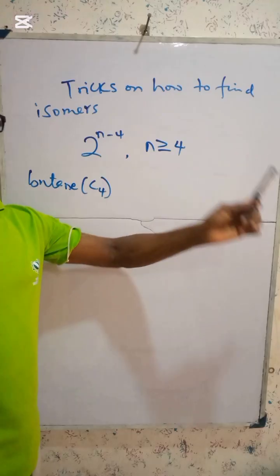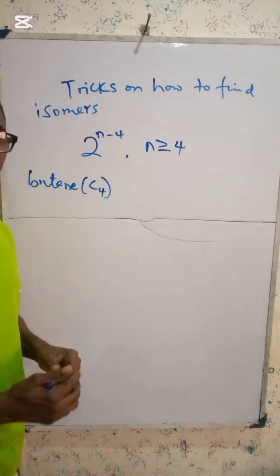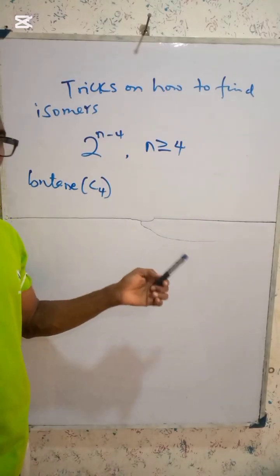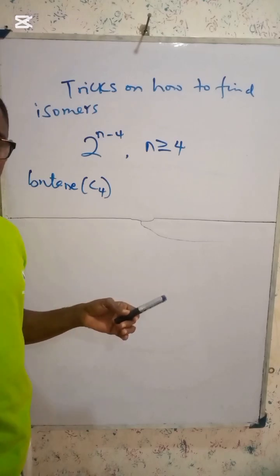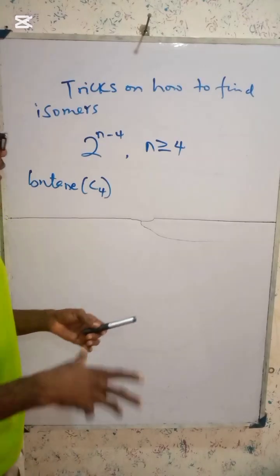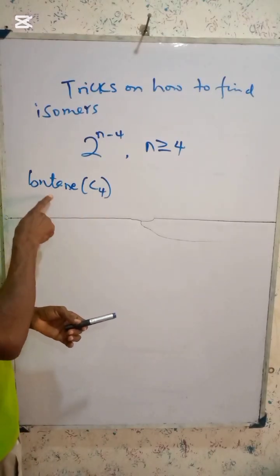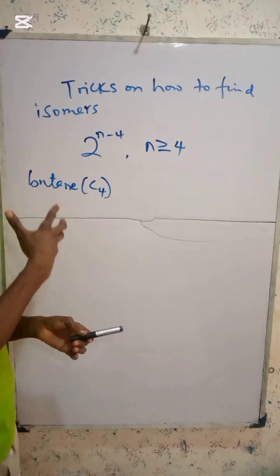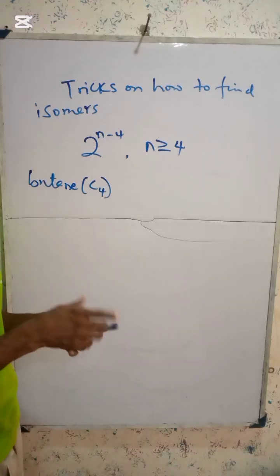Isomers are organic compounds with the same molecular formula, but different structure. Now let's see the number of organic compounds from butane.